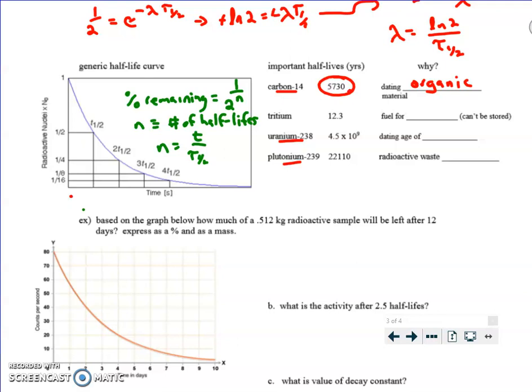The idea behind carbon-14 dating is this: when something is alive, it doesn't matter what it is, it always has a certain amount of natural carbon-14 in all the atoms that make up its organic structure. So that ratio of carbon-14 to carbon-12, which is the stable isotope, might be, let's say, 1%.